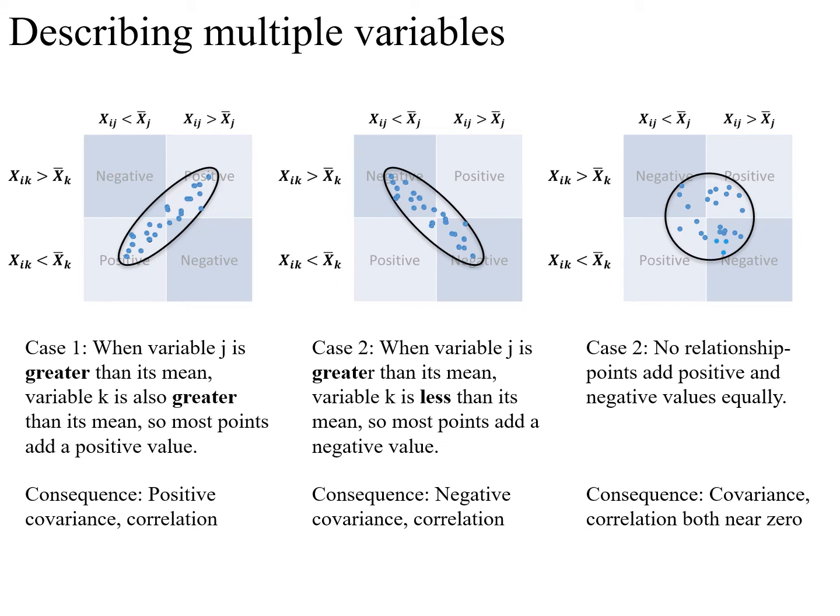On the other hand, when variable j is greater than its mean, variable k tends to be less than its mean, most points are going to add a negative value, and you're going to get a negative covariance. Finally, when you have a balance of points where j is greater than the mean, but k can be 50-50 less than or greater, and vice versa, you're going to wind up with a low or zero value for covariance.